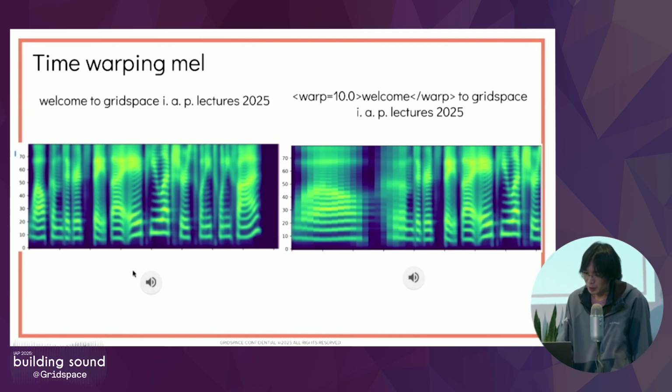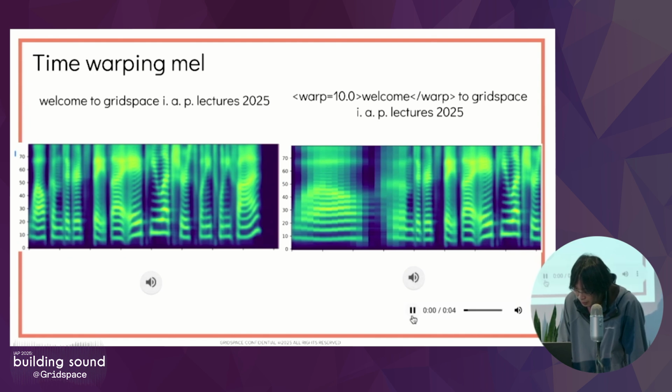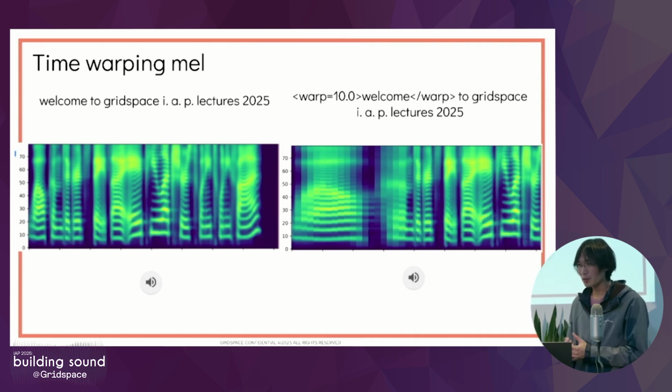But if you take whatever spectrogram you generated for that and then just stretch it 10 times in the time dimension, the vocoder will still accept it and produce reasonable outputs like this. Welcome to Gridspace IAP Lectures 2025. So that's one way to use it.